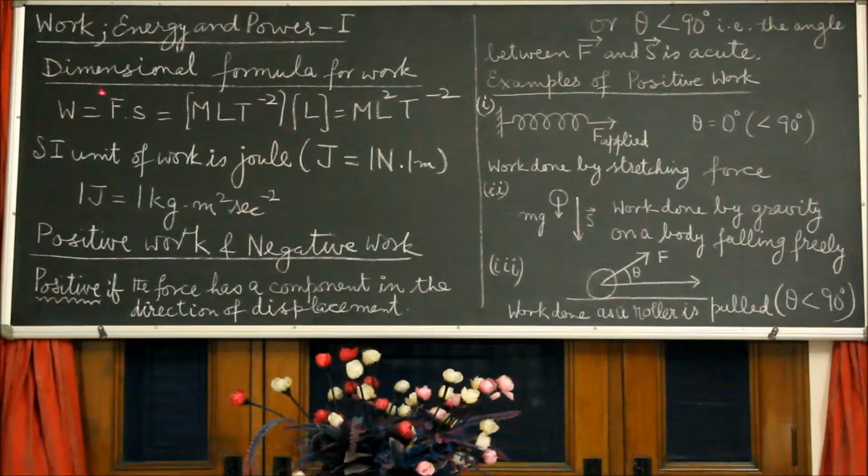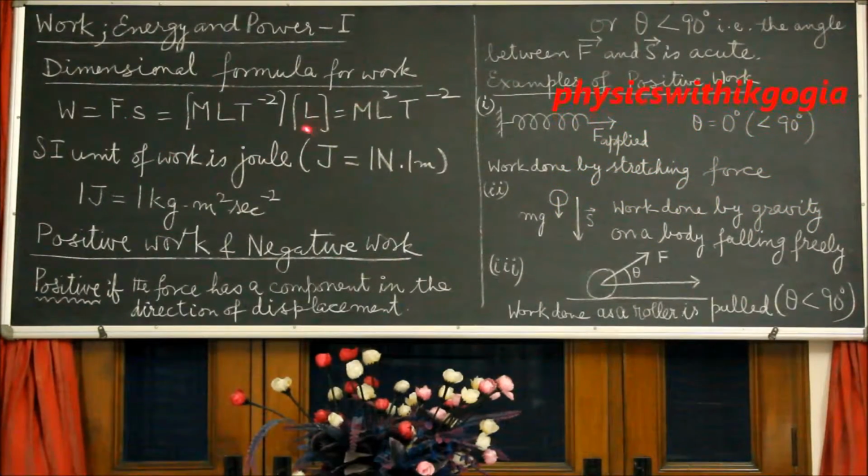Having studied the definition of work, we can now study the dimensional formula and SI unit of work. We know work is the product of force and displacement. Dimensionally, force is mass M multiplied by acceleration LT minus 2.